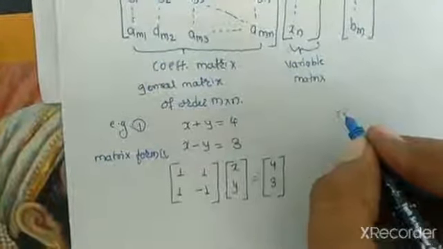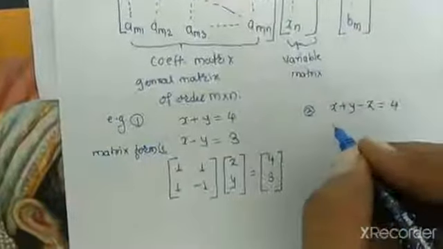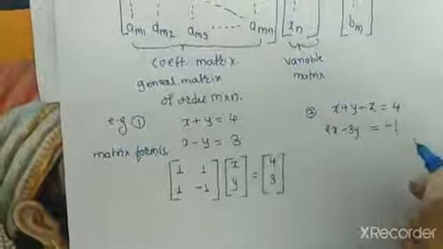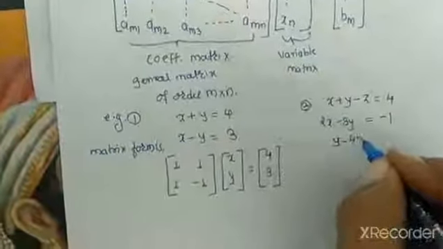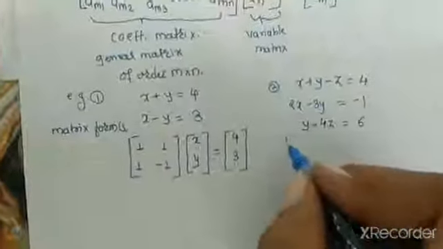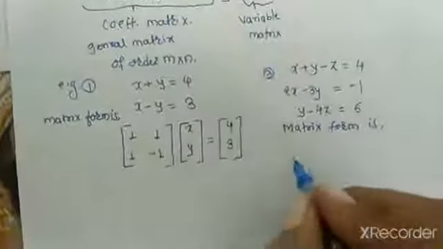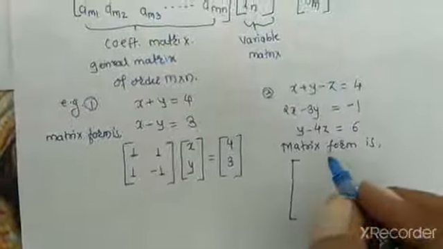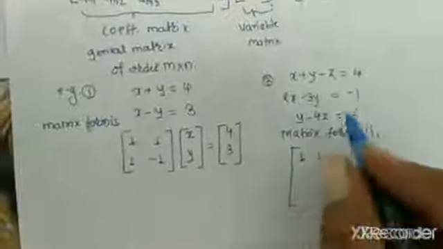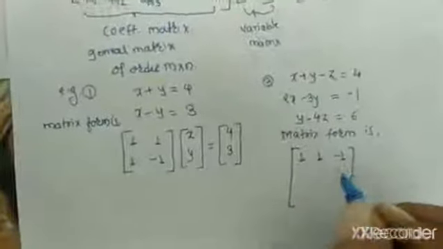Again, see the next example. Second example: x plus y minus z is equal to 4, 2x minus 3y is equal to minus 1, y minus 4z is equal to 6. We have to write the matrix form. In the first equation the coefficient of x is 1, the coefficient of y is again 1, and the coefficient of z is minus 1. This completes the first row.